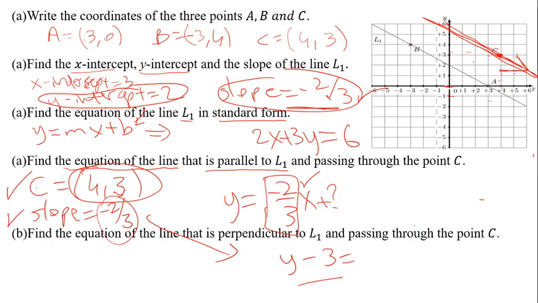Okay. So negative 3. Y minus 3 is equal to negative 2 over 3 times x minus 4. Okay, so I got it.